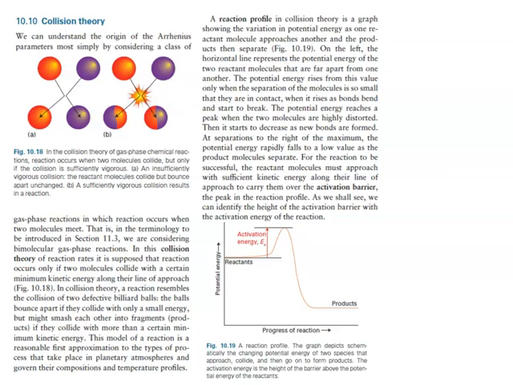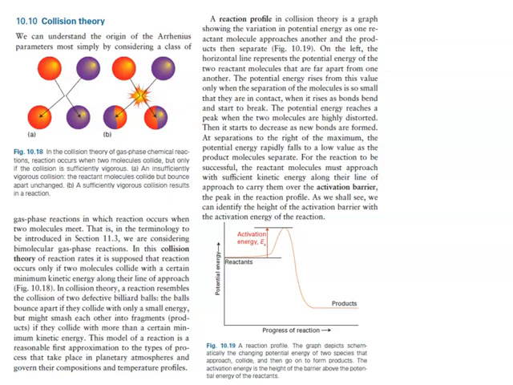That is, in the terminology to be introduced in section 11.13, our following chapter, we are considering bimolecular gas phase reactions. In this collision theory of reaction rates, it is supposed that reaction occurs only if two molecules collide with a certain minimum kinetic energy along their line of approach, meaning they have to have sufficient kinetic energy and they have to have appropriate orientation upon collision.